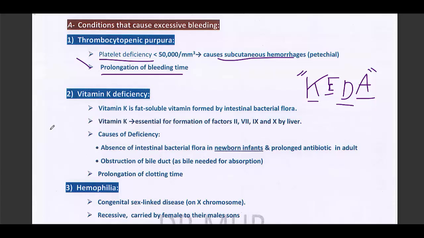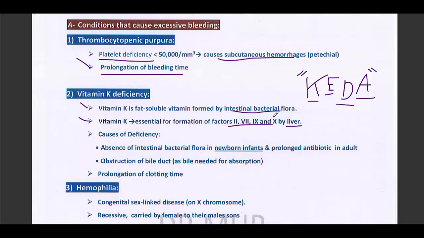Vitamin K is essential for formation of factors 2, 7, 9, and 10, which are formed by the liver. So this is a very important vitamin in clot formation. Let's move to causes of deficiency of vitamin K. It is formed, as we said before, by intestinal bacterial flora.